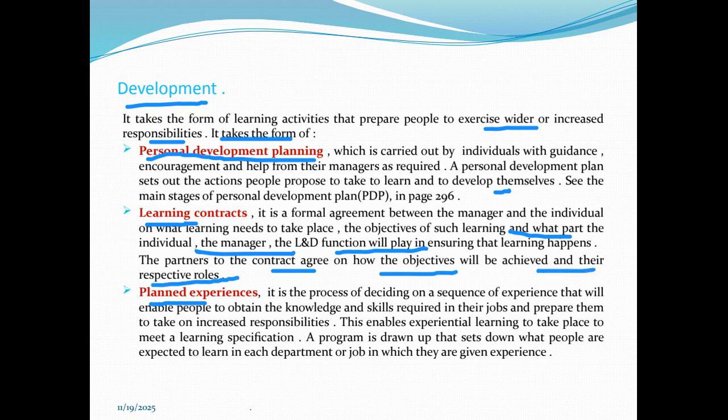We call it a part of management by objective, MBO.